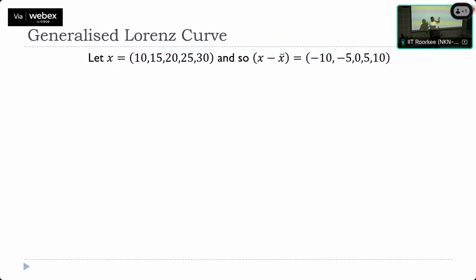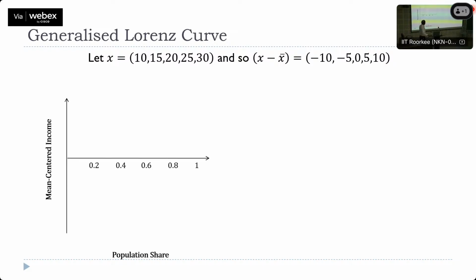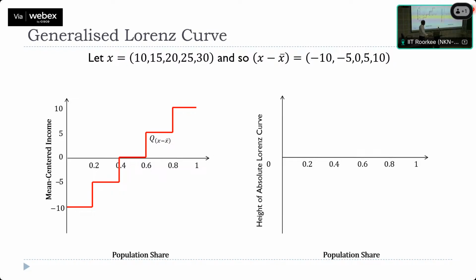Right? Let's now try to draw the quantile function. If I draw the quantile function, this is how it is going to look. Look, it has just shifted down by the mean. Now let's calculate the areas underneath this quantile function. So you start here.